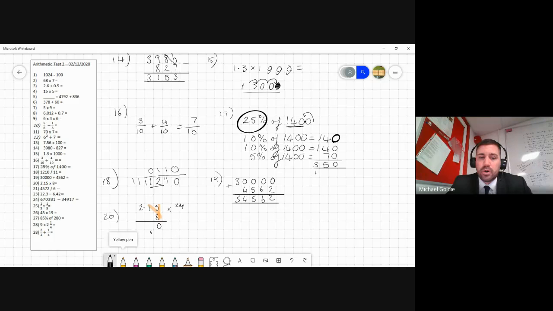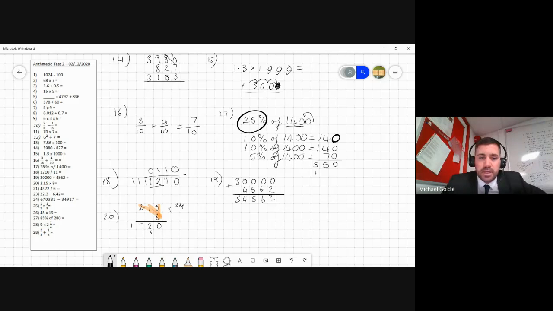Add 4 more, and you get 12. Don't forget to carry that across. The next one is 2 times 8. Now, 2 times 8 is 16. Add 1 more here is 17. And there's your answer, but we are not finished yet.